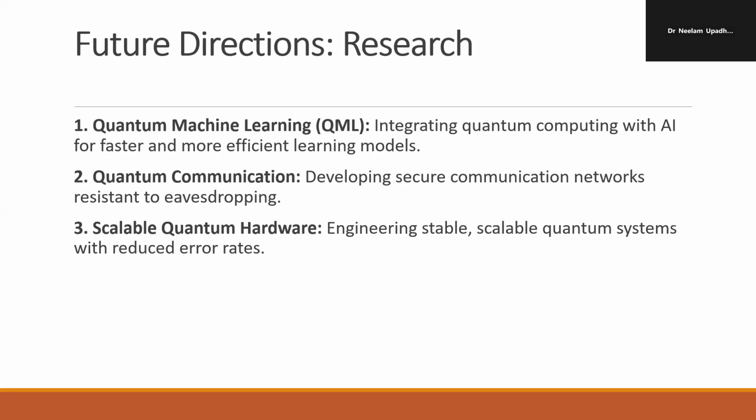Through this, we can improve scalability in quantum hardware. Then superconducting qubits and ion traps: here we refine the existing qubit technologies for better stability and longer coherence times. Then room temperature quantum: exploring technologies like nitrogen vacancy centers in diamonds.